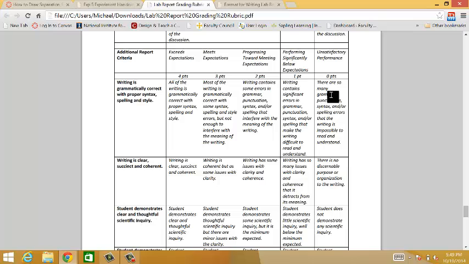Have I done this? Is the writing grammatically correct with proper syntax, spelling, and style? If it's grammatically not correct, at some point in the future, your lab report's going to get a very low grade because we expect people to write with proper grammar. So here are some of the criteria that we might use.